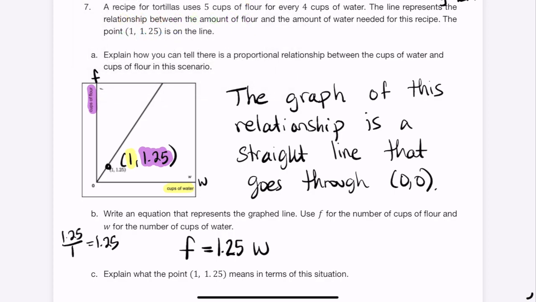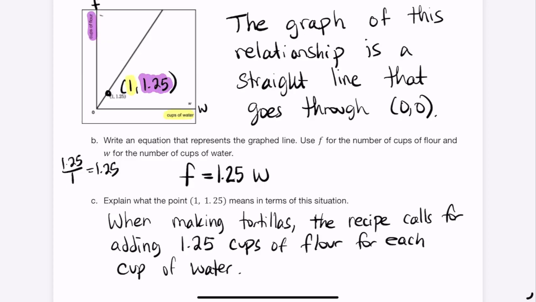It's saying when I'm making this recipe for tortillas, I'm going to combine 1.25 cups of flour for each 1 cup of water. Okay, there we go. When making tortillas, the recipe calls for adding 1.25 cups of flour. Again, it's saying my Y, my cups of flour, for each cup of water. Cool. That's all it is.